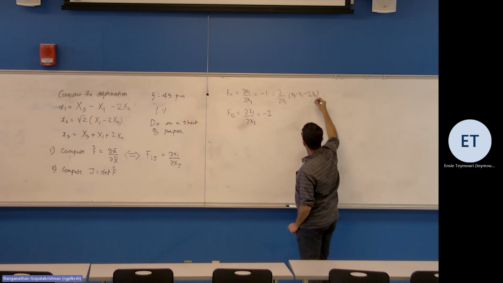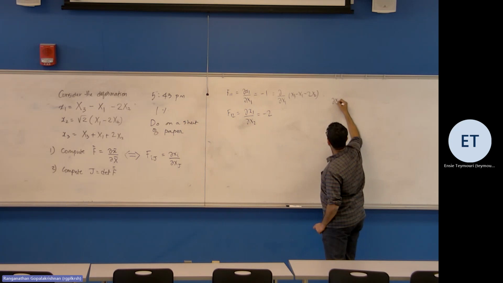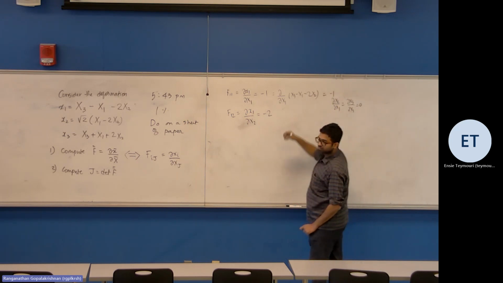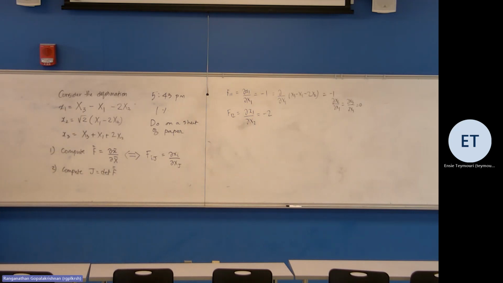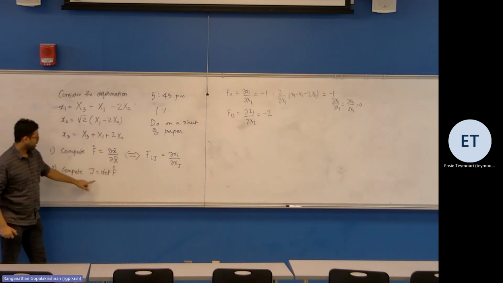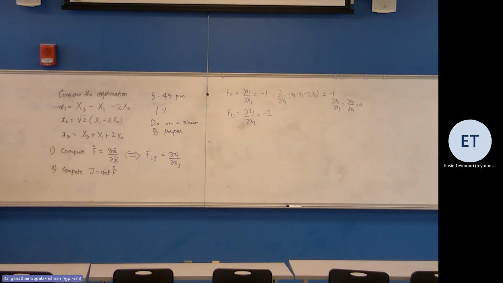Of course, the derivative of x2 with respect to X1 or x3 with respect to X1 is 0, which leaves you with -1. For those who are not sure, compute the 9 components and the determinant of the matrix, and you're done.